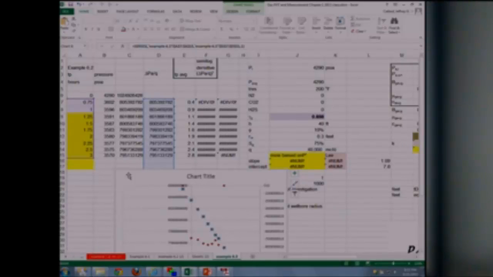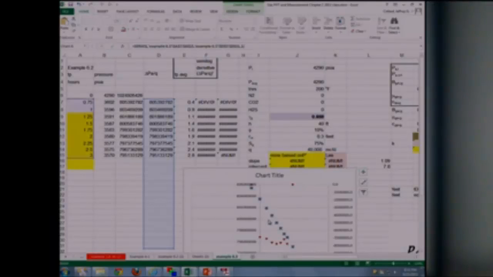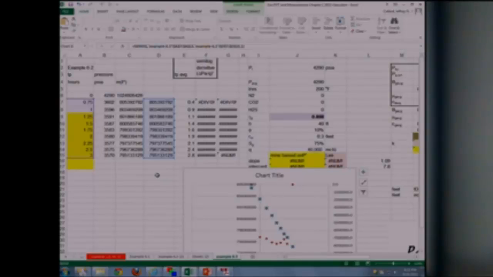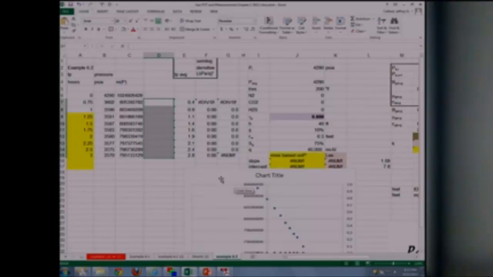Applying pseudo pressure instead of PA. I don't know why I did that. I don't need this column.